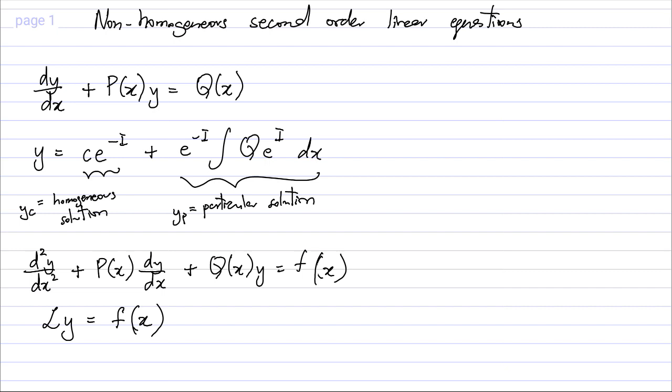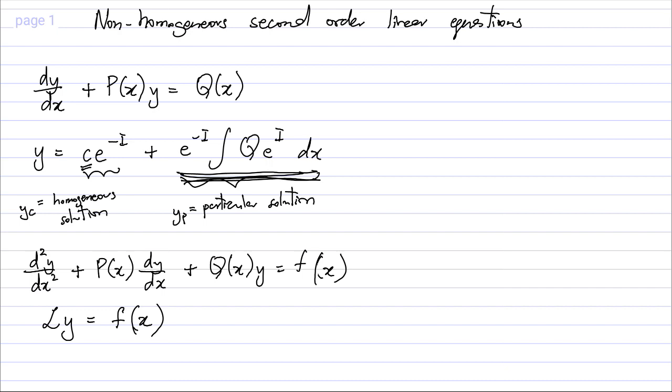Of course, those two constants can have particular values if you specify the initial conditions or the boundary conditions. But the particular integral, the particular solution, does not contain a constant. Notice that in the first order case, there is no constant over here. The constant is over here.